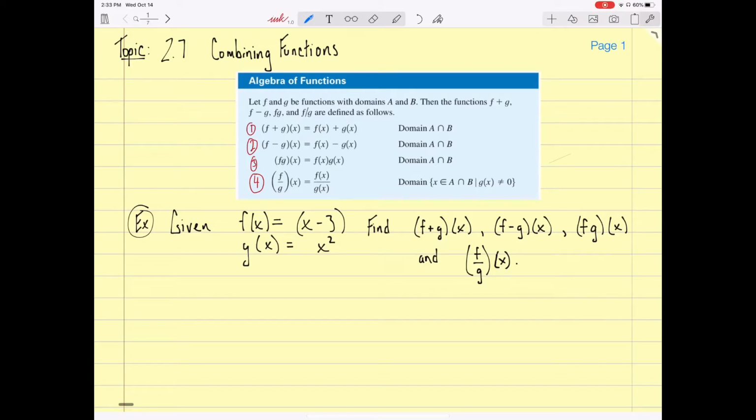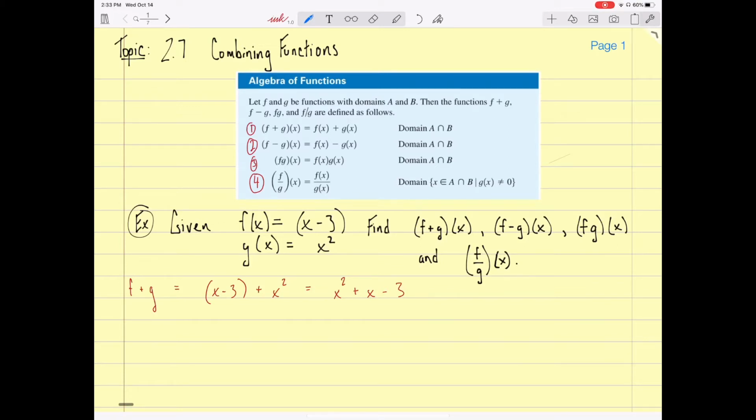So it says find f plus g. So f plus g is just taking these two functions and adding them. So x minus 3 plus x squared is, I'm going to reverse the order so it's in a standard order, but that's done as it is. So it's x squared plus x minus 3.